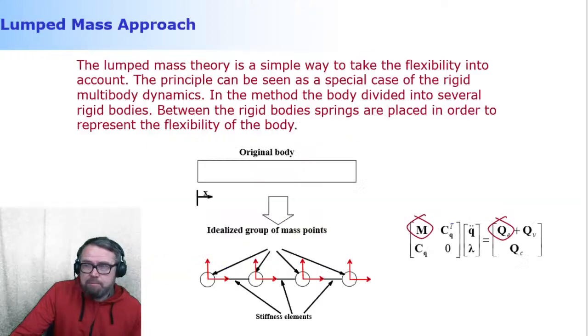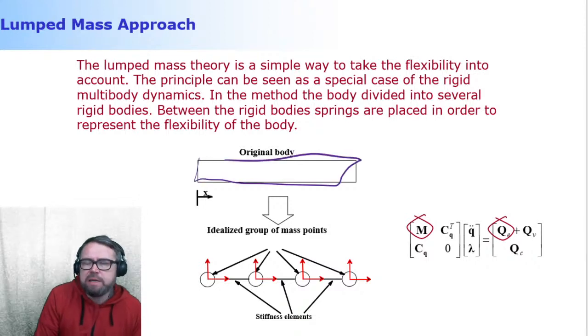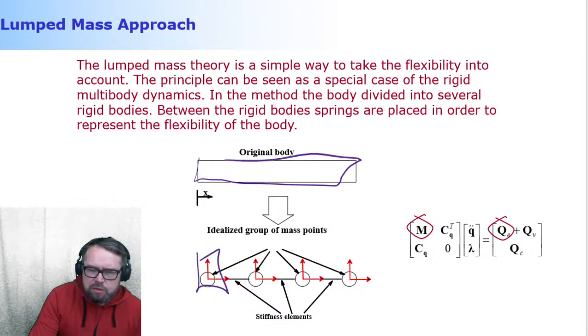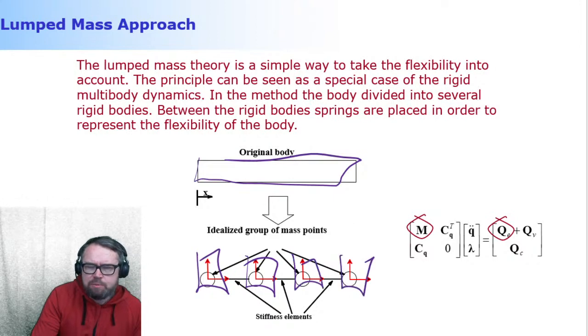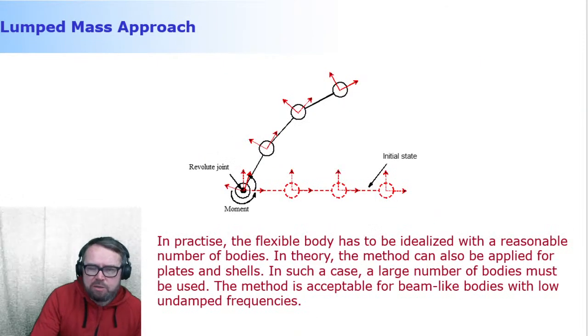Now, the lump mass approach is something that I shortly explained to you. This is a method where you take your original, typically beam-like structure. You divide this beam-like structure into a number of rigid bodies. And then you introduce spring elements between the rigid bodies. And then you can describe deformation in such a way that you recursively describe the deformation between your neighboring bodies.